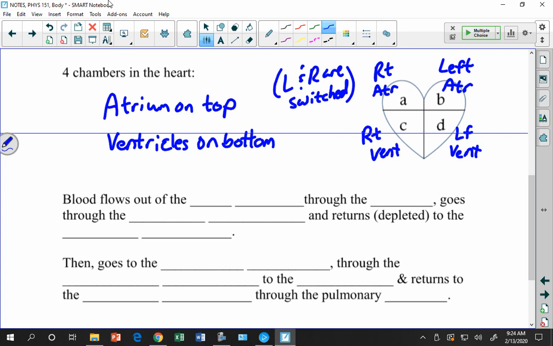It flows out of the left ventricle through the aorta, goes through the systemic circuit, goes out to the whole body, and returns depleted to the right atrium.